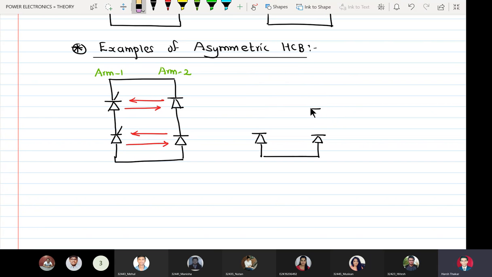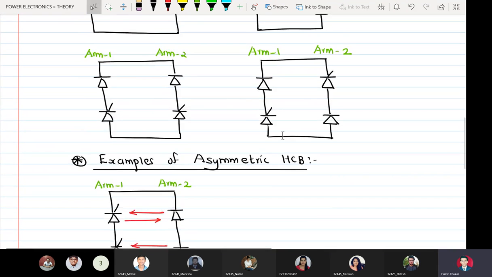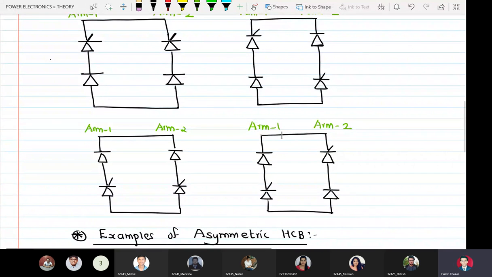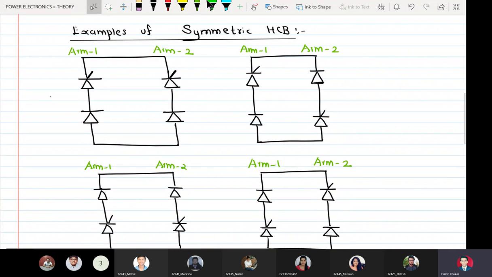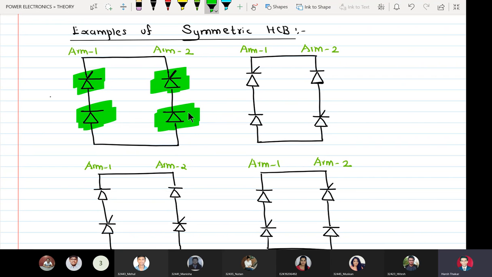Understand one thing, that asymmetric HCBs are not in the syllabus because they have their own problems. And out of these 4 configurations, what you have to study is only the first one. So this is what you have to study. Both SCRs are in the upper half and both diodes are in the lower half.